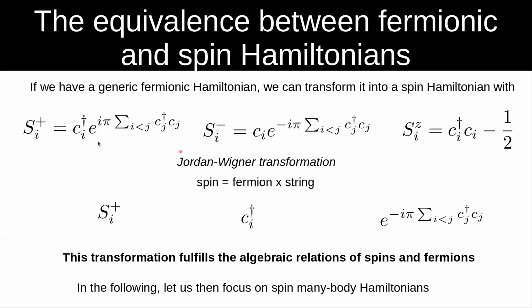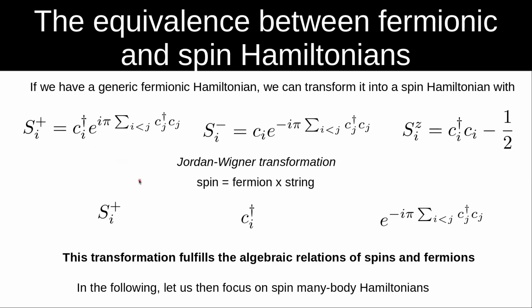If you write this very specific mapping between the spinless fermionic operators and the S equal to 1/2 spin operators, what you find is that the algebraic relations between fermions and between spins hold. And in particular, you have an exact mapping between the Hilbert spaces of spins and fermions.